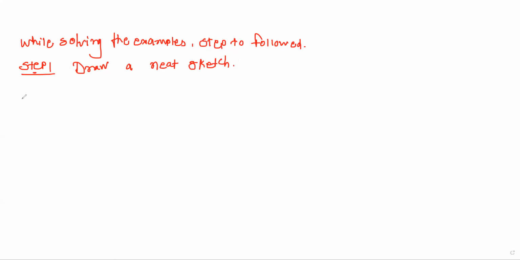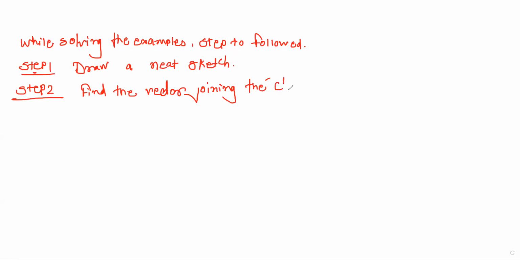Then step 2 is find the vector joining the charges.